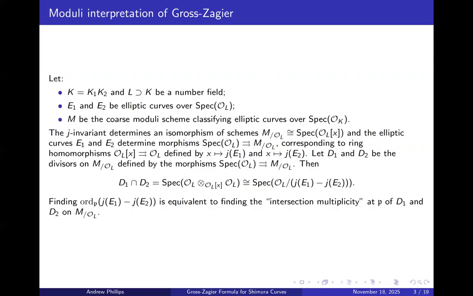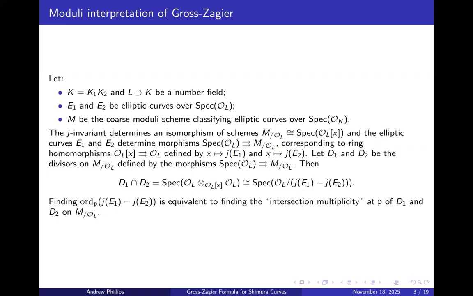From these 2 OL-valued points, we get 2 ring homomorphisms from the polynomial ring over OL to OL, just by evaluating the indeterminate at the J invariant, sending the indeterminate to the J invariant.